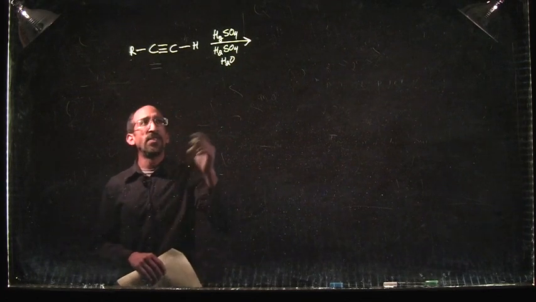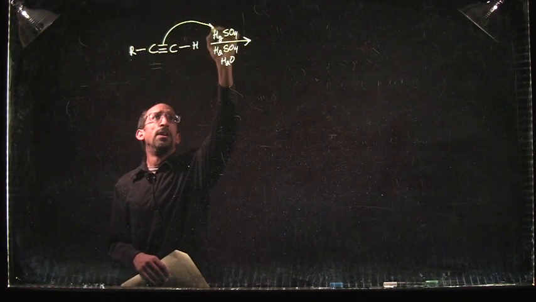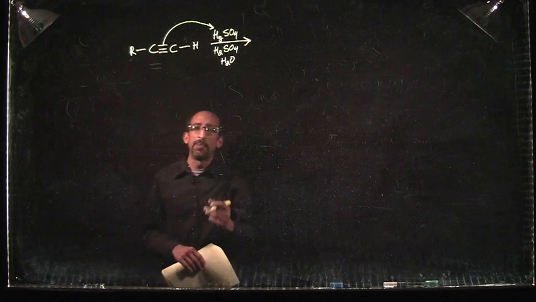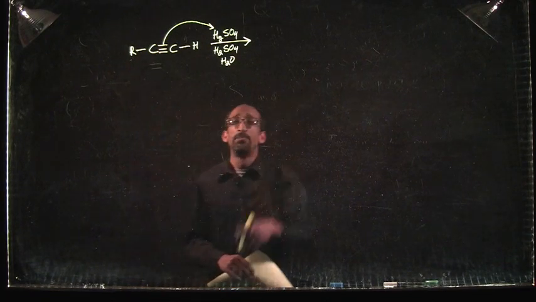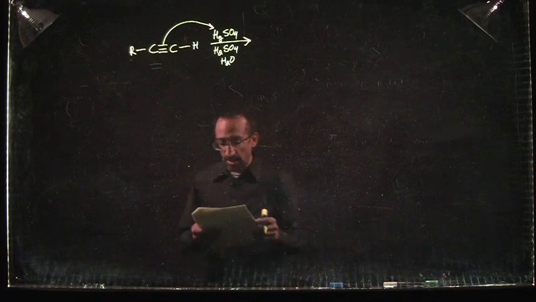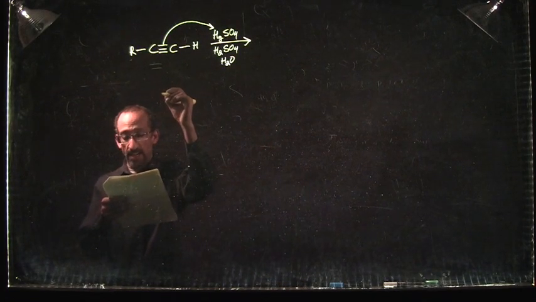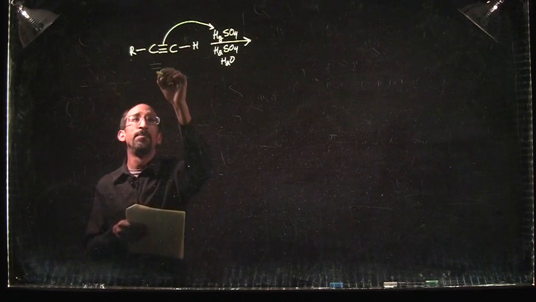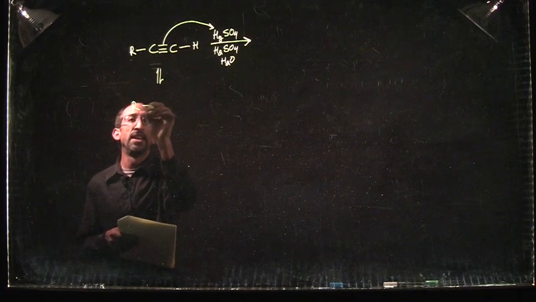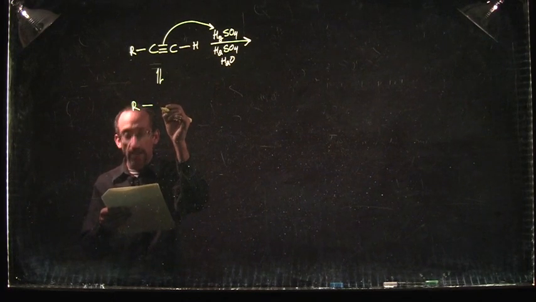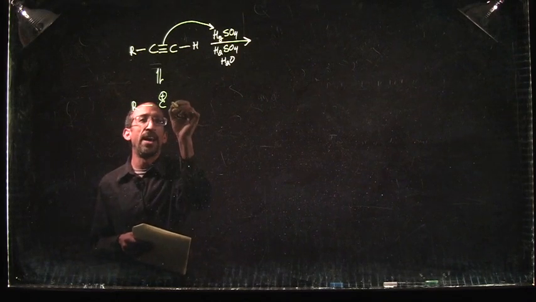Now, in the first step of this mechanism, the alkyne picks up the mercury cation, and mercury completely leaves that sulfate alone. This is a Lewis acid base step. What we have now is an intermediate that looks like this, where, again, we want to generate the most stable carbocation.